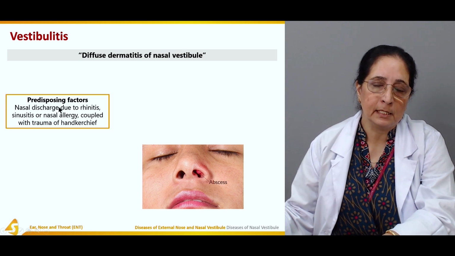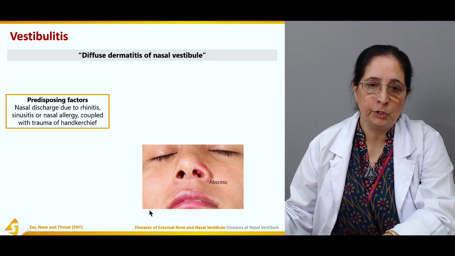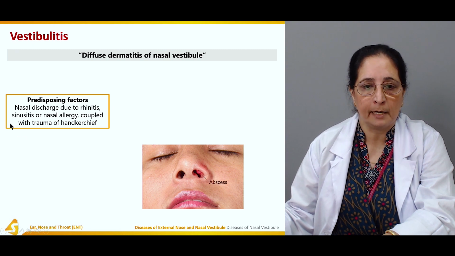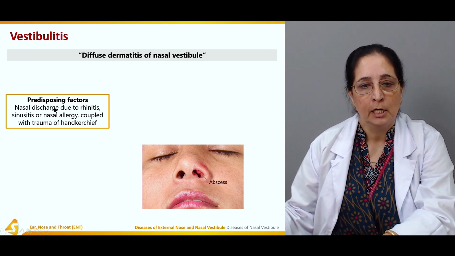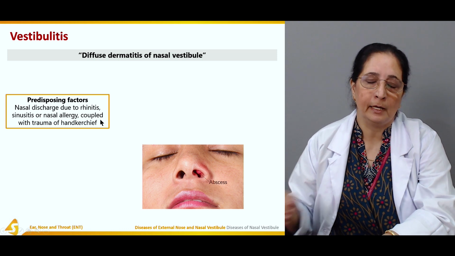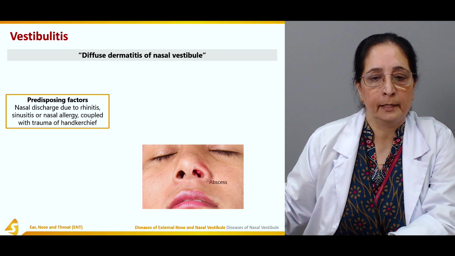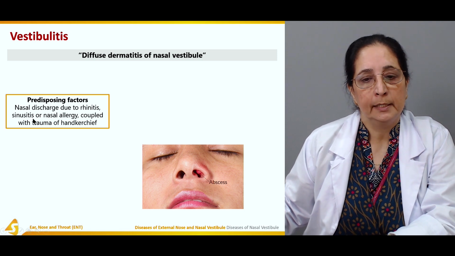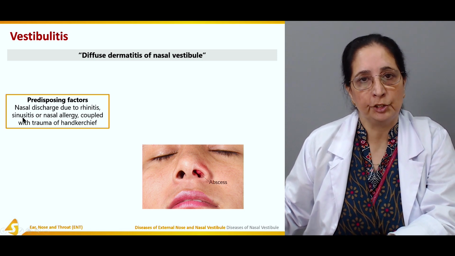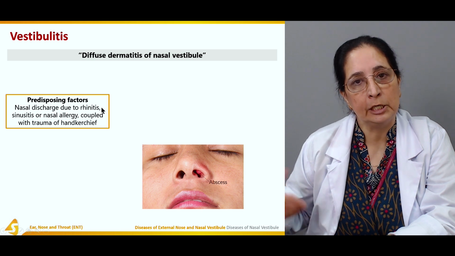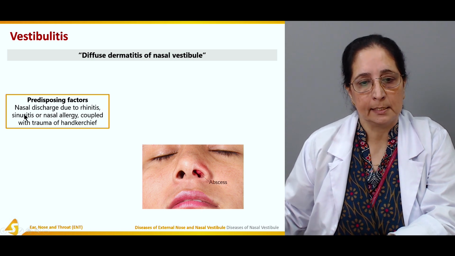Predisposing factors that can lead to vestibulitis: we have nasal discharge due to rhinitis. If there is rhinitis, or runny nose, or inflammation of the nose, this nasal discharge can lead to vestibulitis.